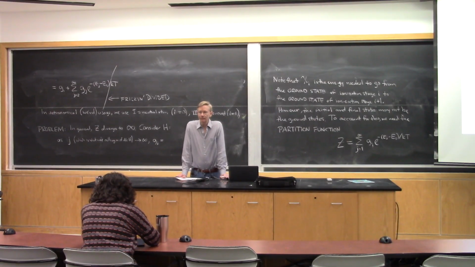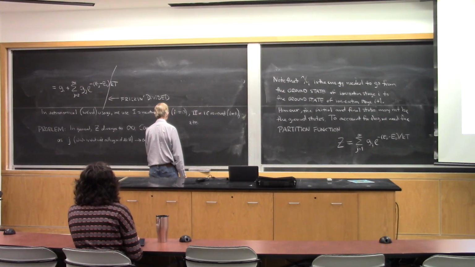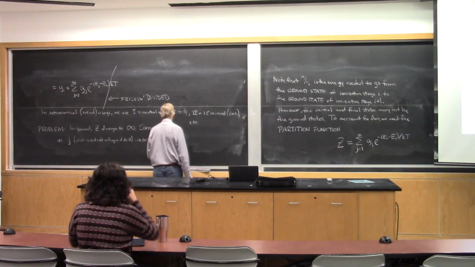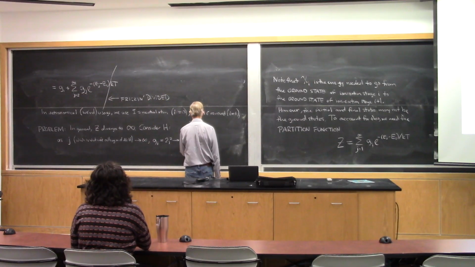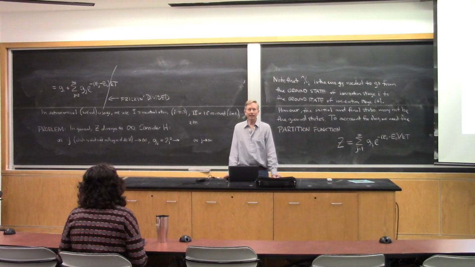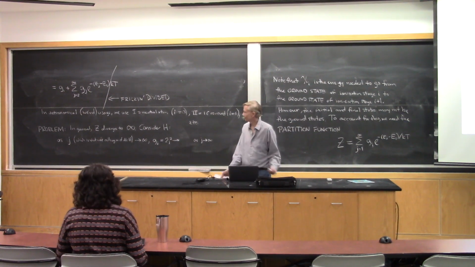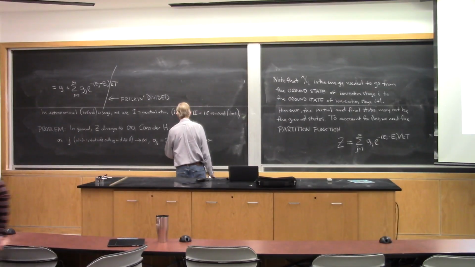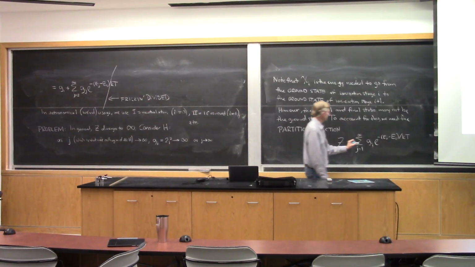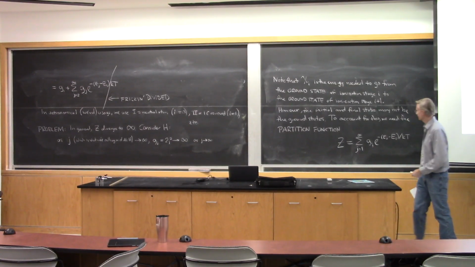Hydrogen degeneracies in terms of N are 2n squared, but here we're calling it J, it's generic, so G equals 2J squared. Where does that go as J goes to infinity? 2J squared approaches infinity, right? So the G's approach infinity as J goes to infinity. They get arbitrarily large.